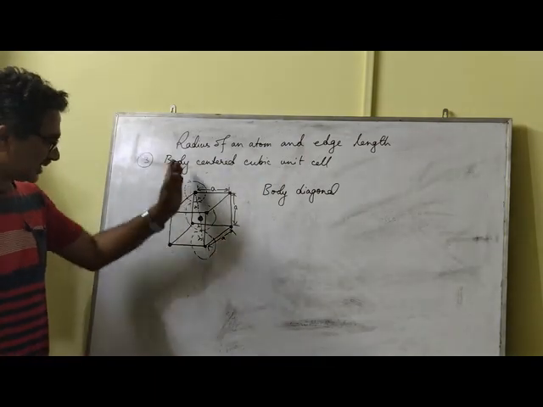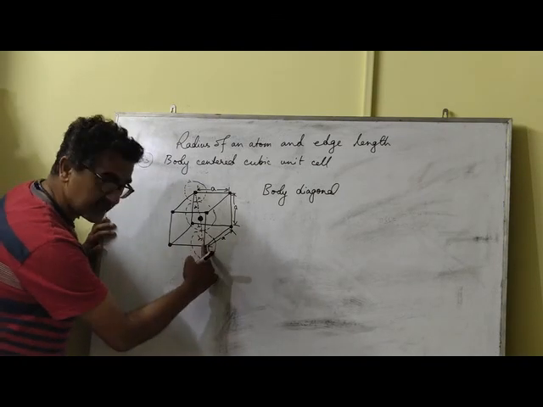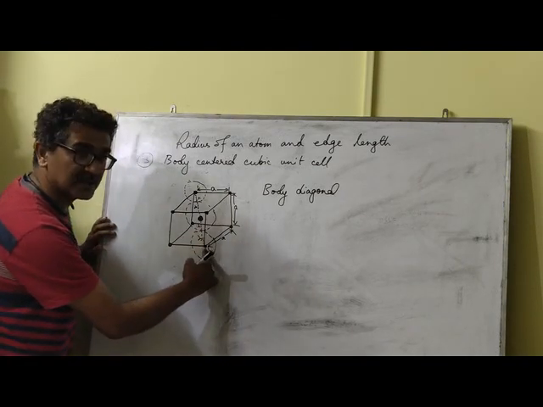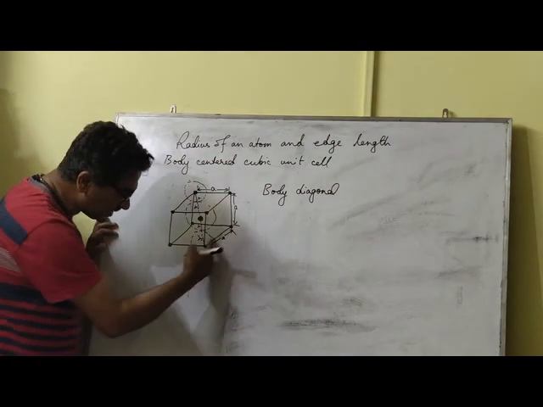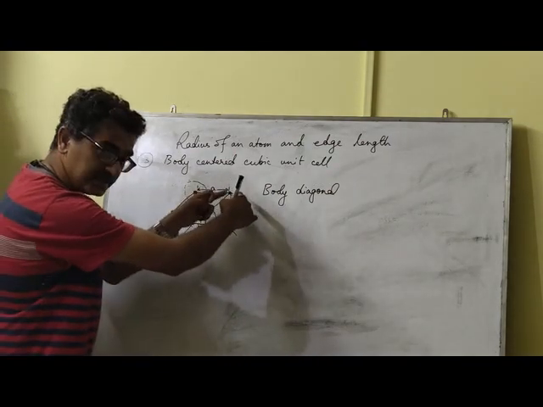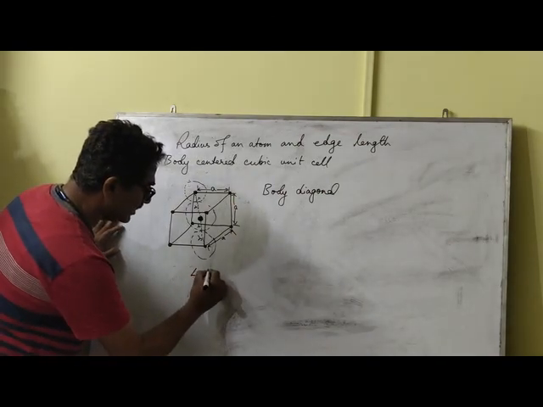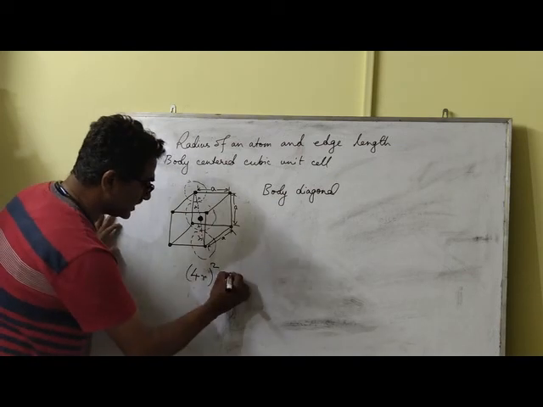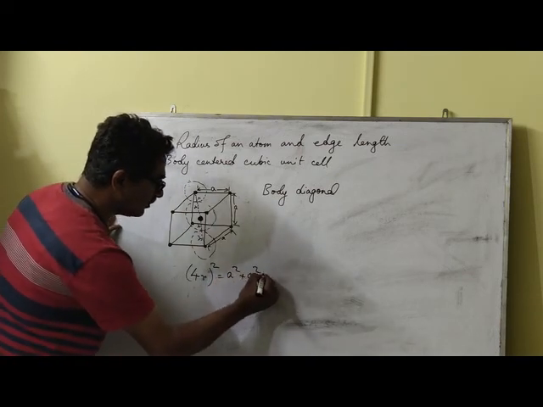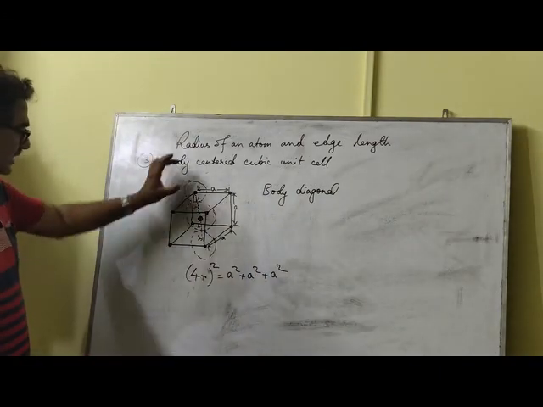So simple mathematics. In a body diagonal, the square of the body diagonal is equal to the sum of the squares of these sides. So mathematically, 4r whole square is equal to a square plus a square plus a square. Simple. This is simple mathematics.